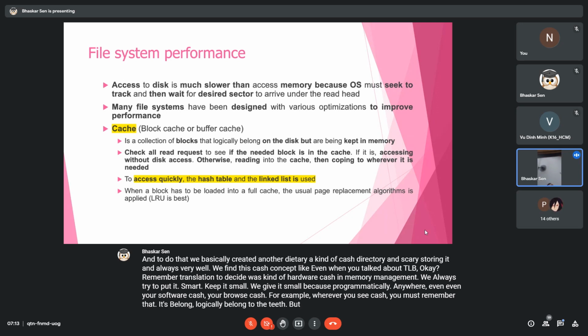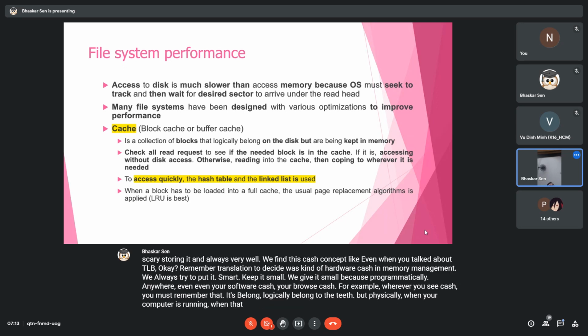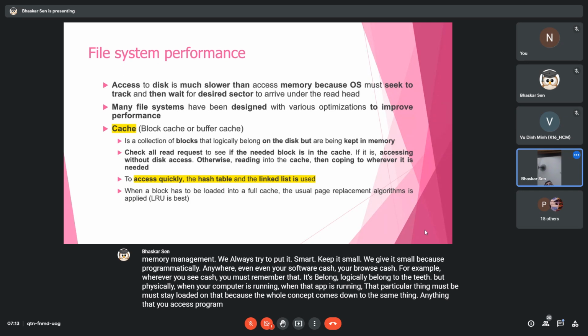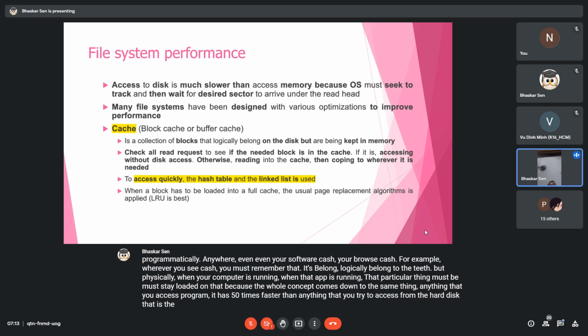But physically, when your computer is running or when that app is running, that particular thing must stay loaded on RAM. Because the whole concept comes down to the same thing. Anything that you access from RAM is 50 times faster than anything that you try to access from the hard disk. That is the underlying concept.